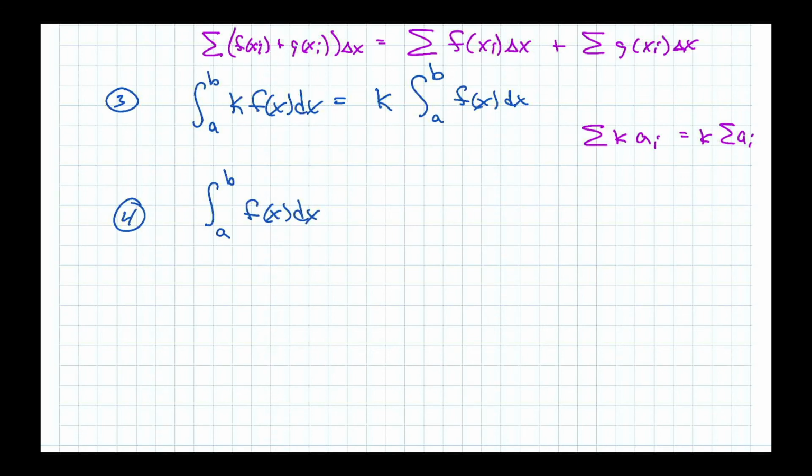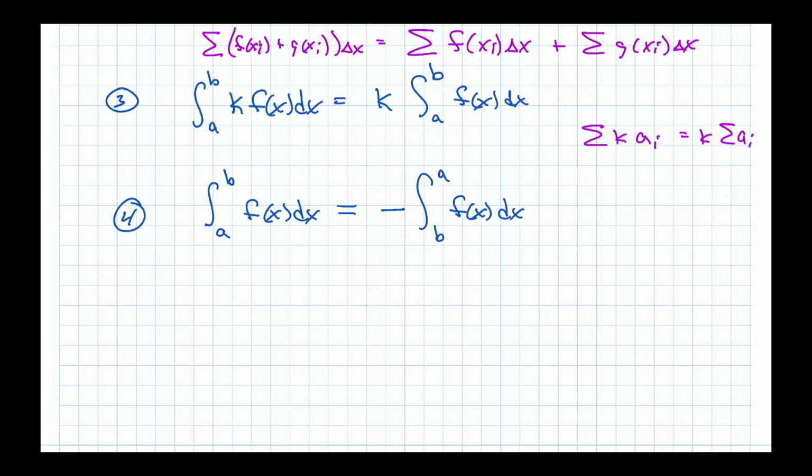But it turns out that here's a rule that you might need. You can flip these a and b around, but if you do, it makes the result negative. So it'd be negative integral b to a of f of x dx.